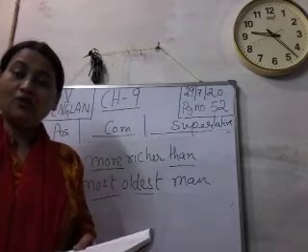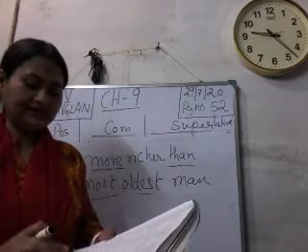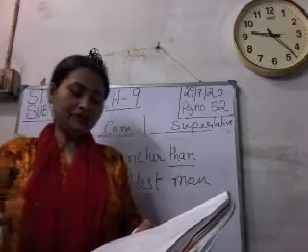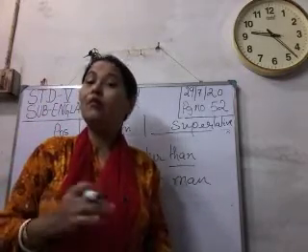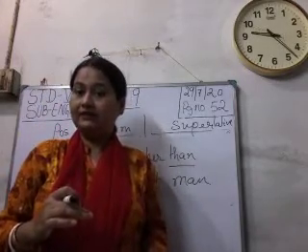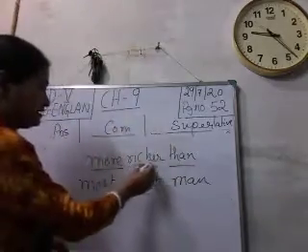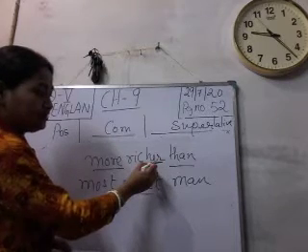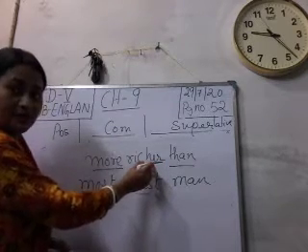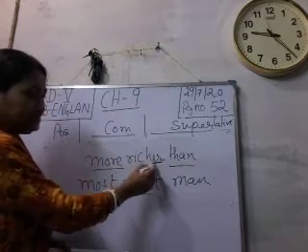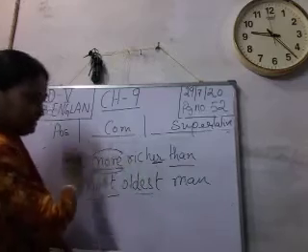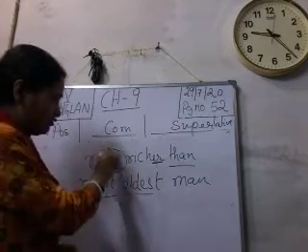I will not say more richer than, as I am using richer here. So I will not use more. Richer has come from the positive form of the adjective rich. Rich has become richer, so why use more again? We will not use more.